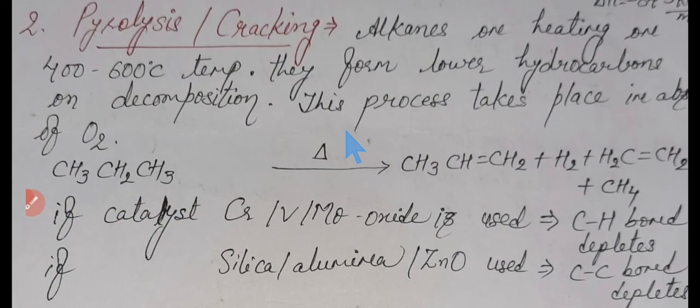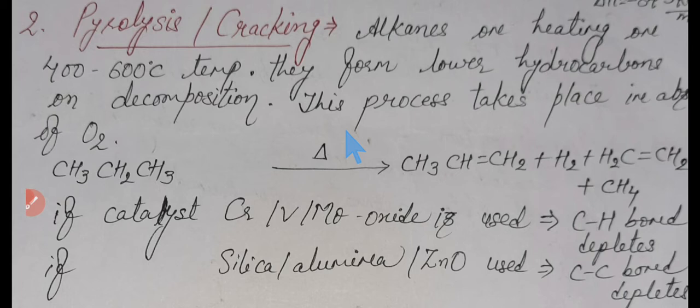The second one is pyrolysis or cracking. Pyrolysis actually means decomposition or rupturing on heating at high temperature. So alkanes on heating at temperature 400 to 600 degrees Celsius form lower hydrocarbons.